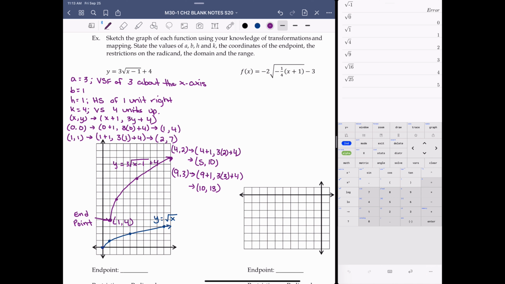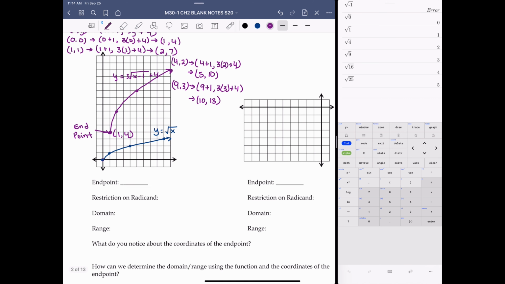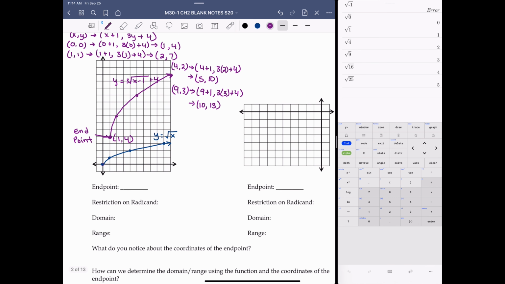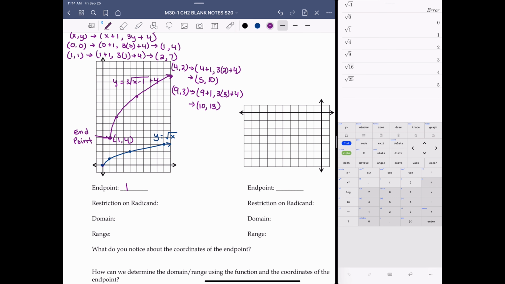State the values of a, b, h, and k. We did that. The coordinates of the endpoint, we did that. The restrictions on the radicand, and then the domain and range. So putting our endpoint in here, that's 1, 4.